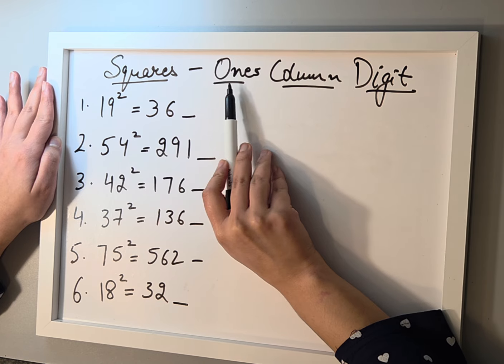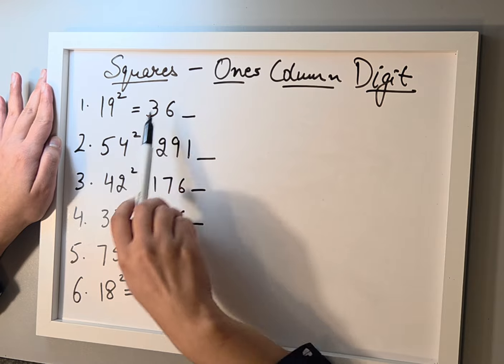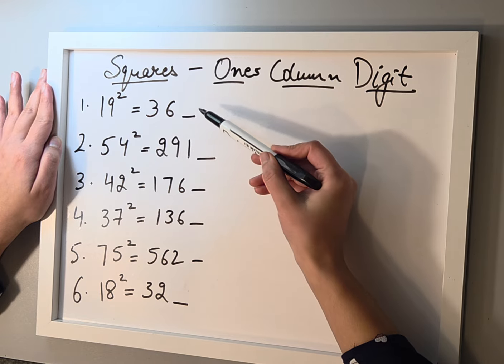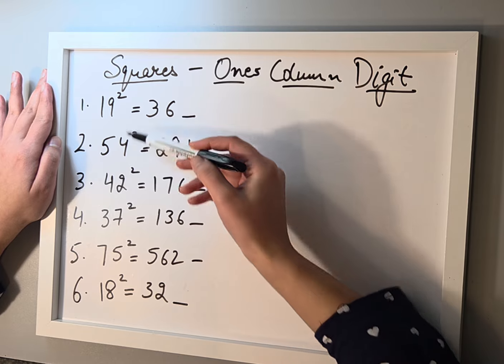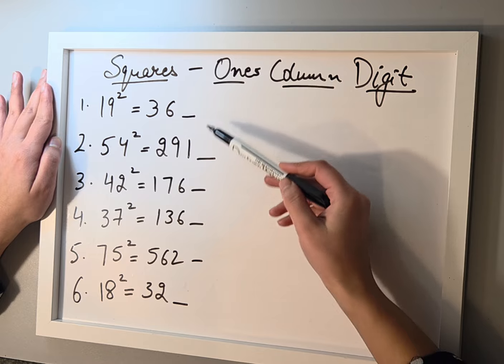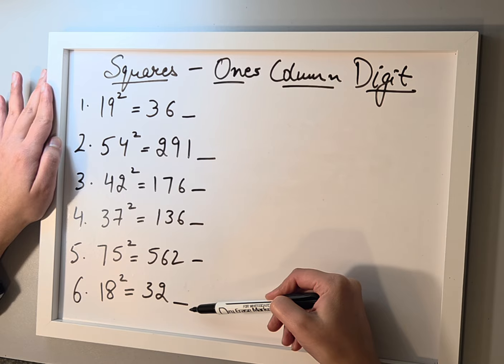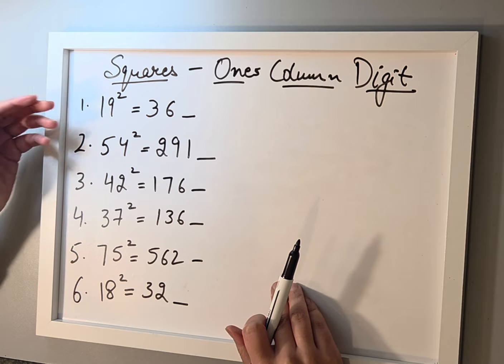If you see the heading, it's ones column digits. We have the squares written, but just the last digits in the ones column are missing. So we need to find the correct answer for the squares written on the left. Just look at the questions.